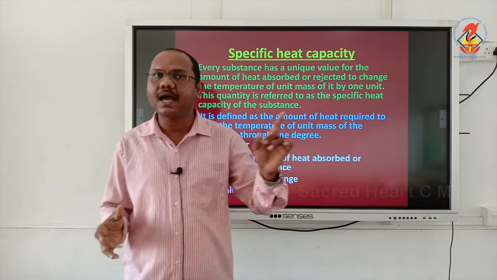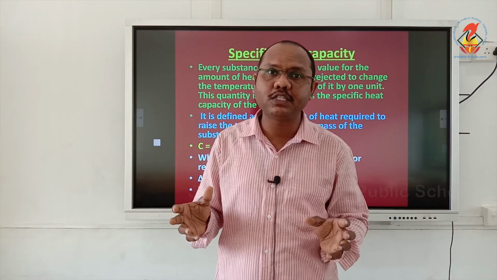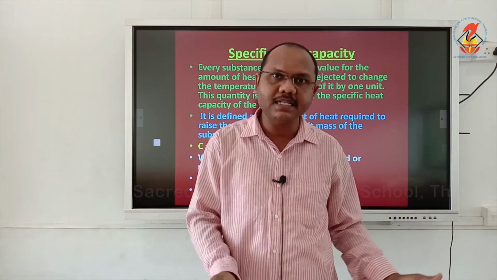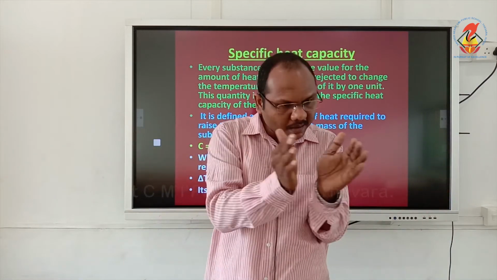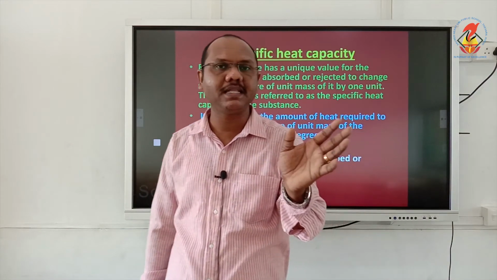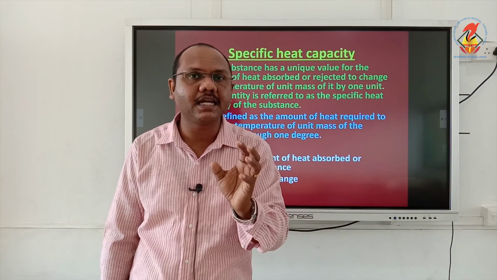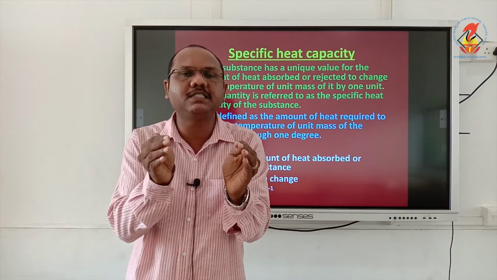Heat capacity, I gave the definition like this: heat required to raise the temperature of a given substance by 1 degree. So, given substance means amount of substance. Amount can be small, amount can be big. But specific heat capacity is not like that. It is the heat required to raise the temperature of 1 kg of substance by 1 degree.